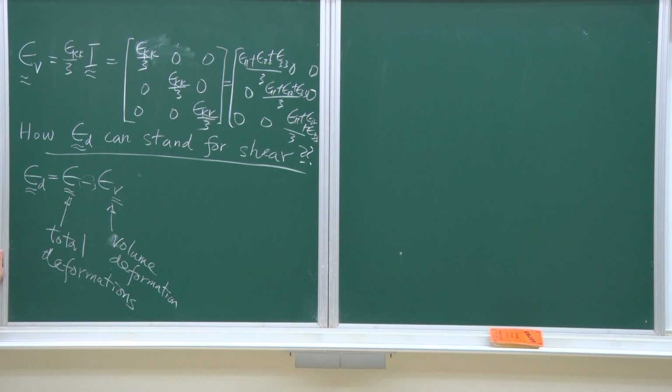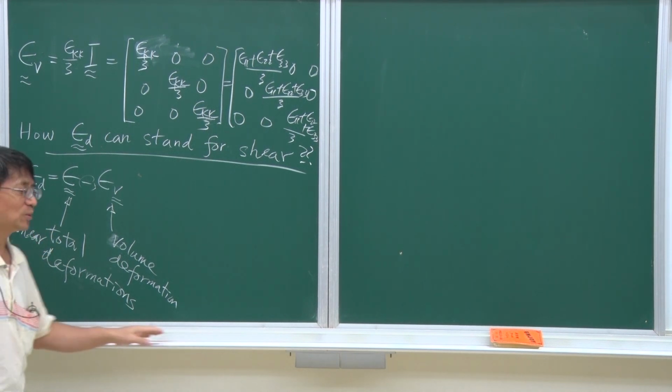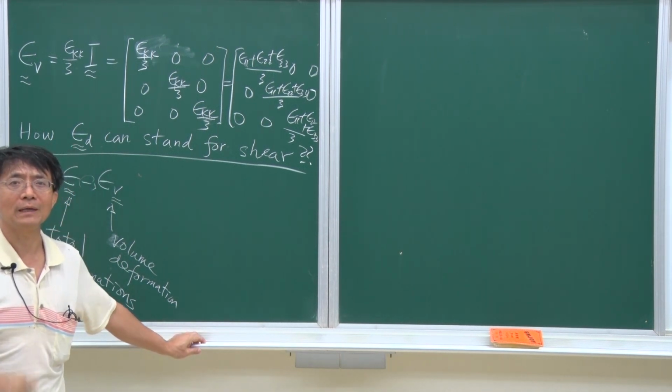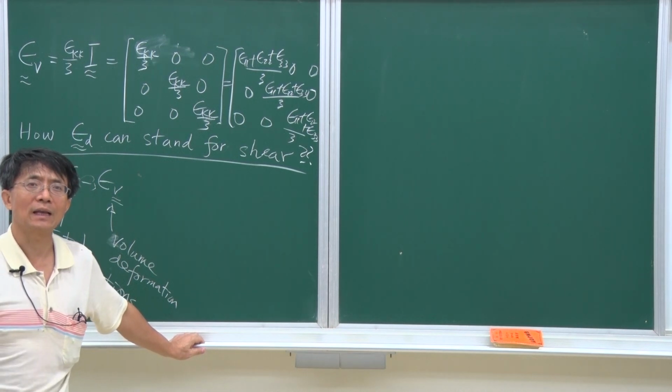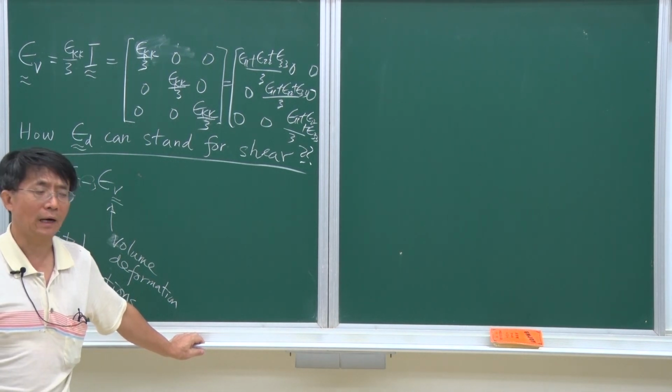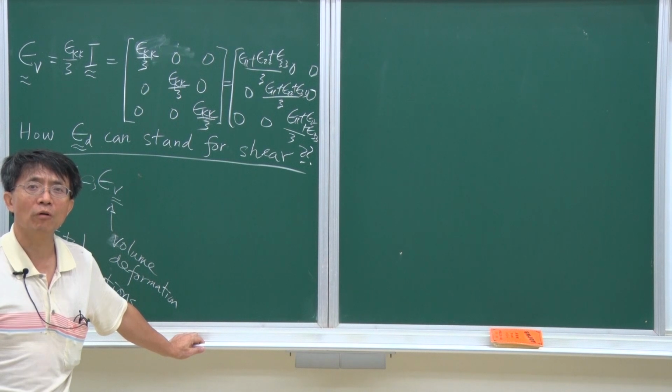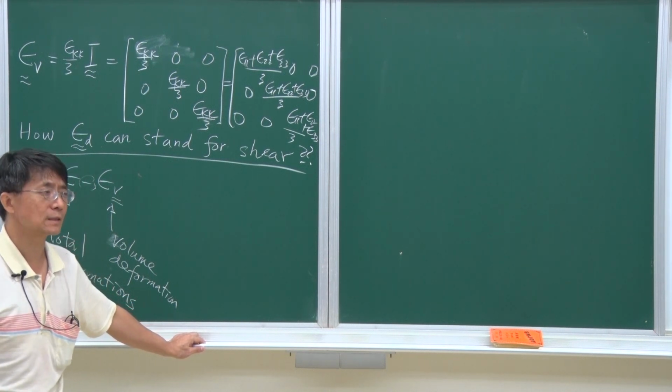So what remains? What remains is the shear, right? So we have the shear. This is an easy way to explain this viewpoint, but it is not a very rigorous way.